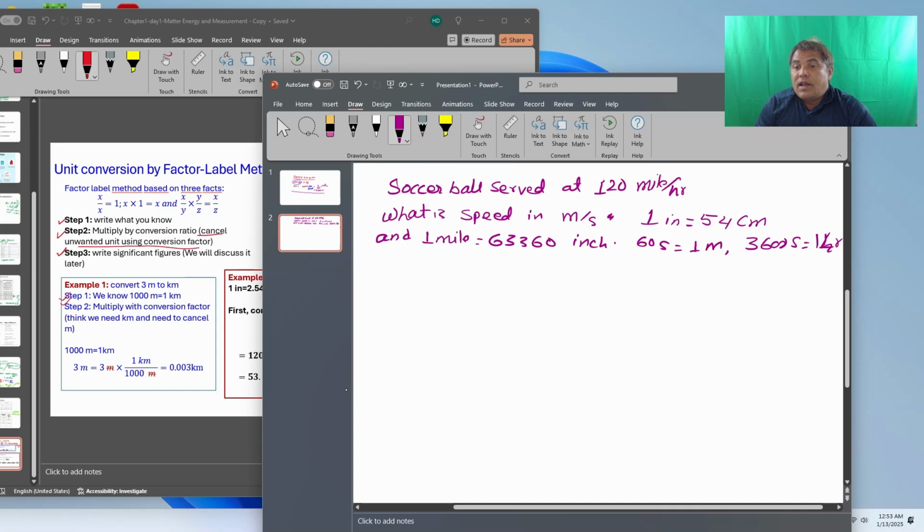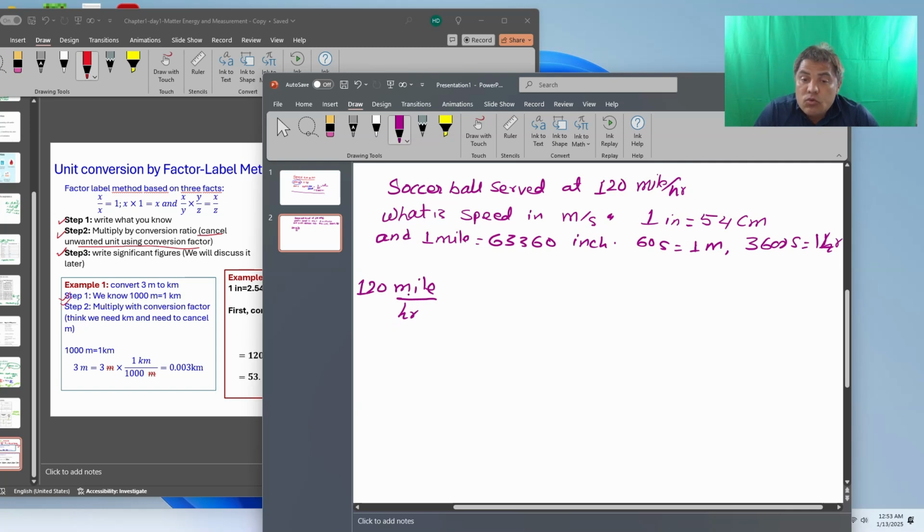Now how do you convert the mile? Let's see, 120 mile per hour. Converting hour into second is very easy, just multiply by 3600 seconds.